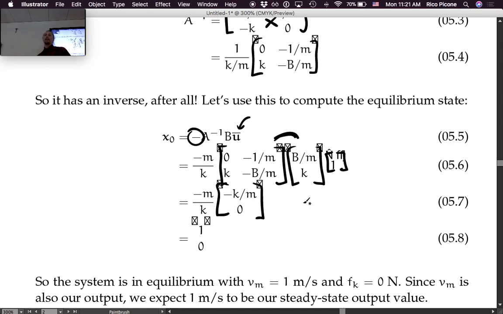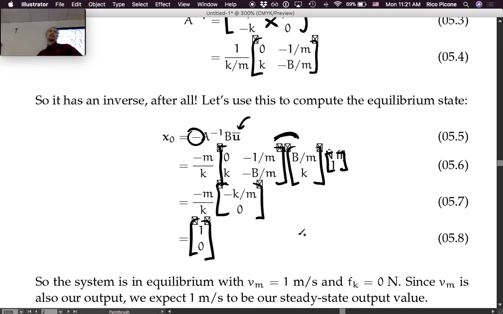The last step is to distribute this scalar into each element of the matrix, and that is easy enough. And wow, everything cancels except for a 1 and a 0 that remain. So the equilibrium state for an input velocity of 1 meter per second at the base is to have the tabletop going at 1 meter per second also, and having no force transmitted through the spring.